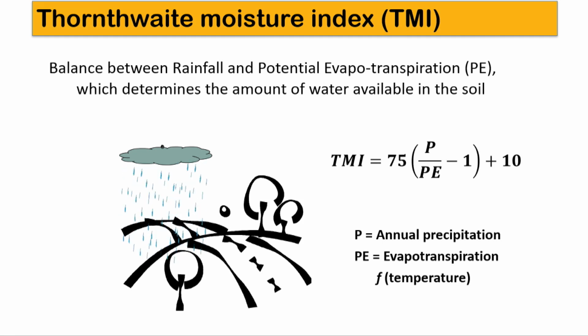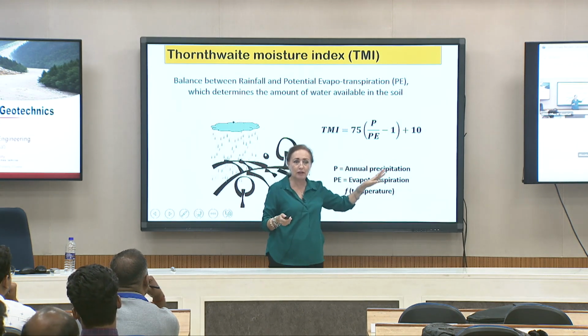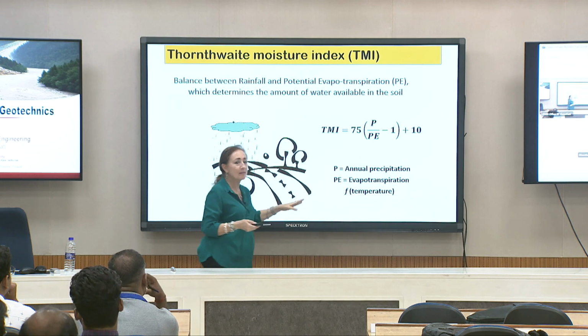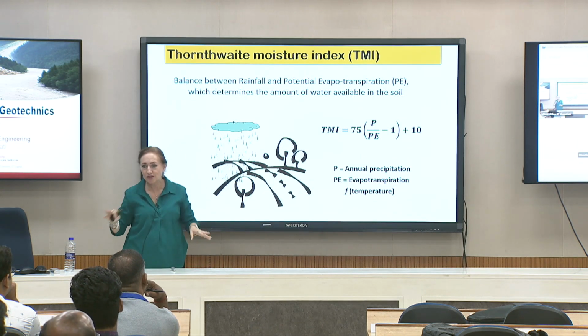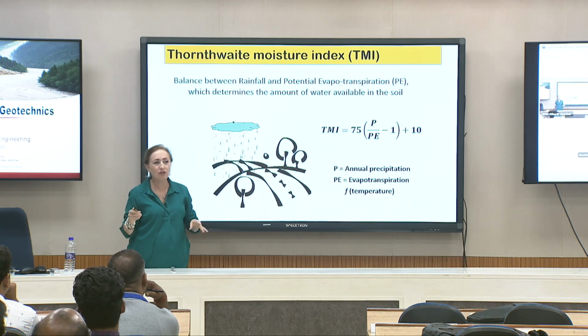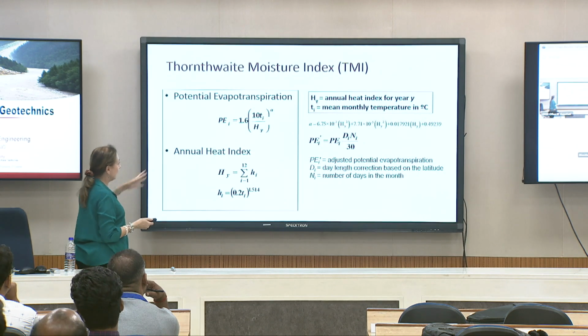There are equations to calculate the potential and actual evapotranspiration. This is the difficult thing to get. There are equations available for that which I'm not going to ask you to solve, because it's going to take you 3 days to do the spreadsheet and solve it. So I'm going to give you the TMI already, but the data is going to be available here.